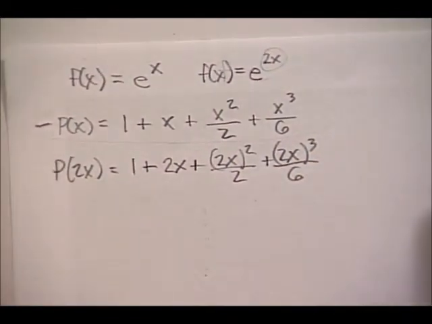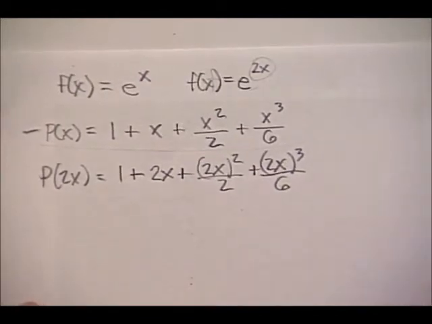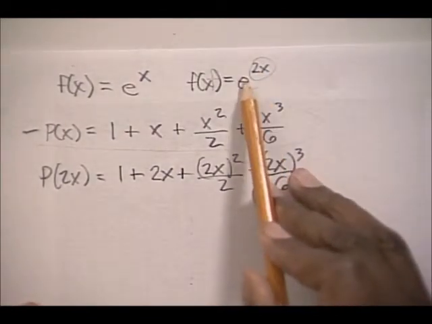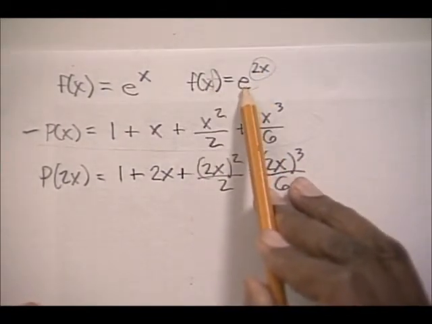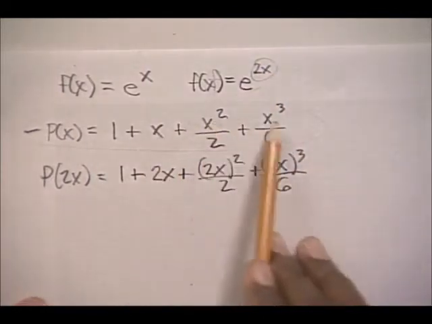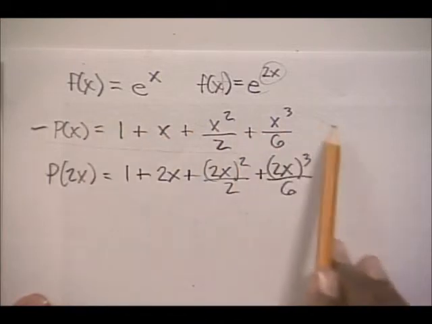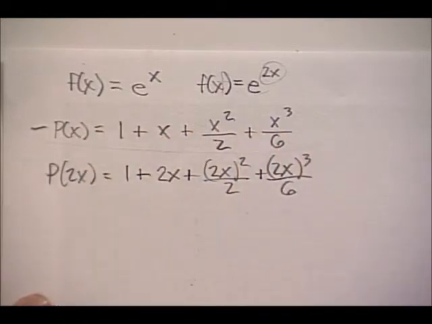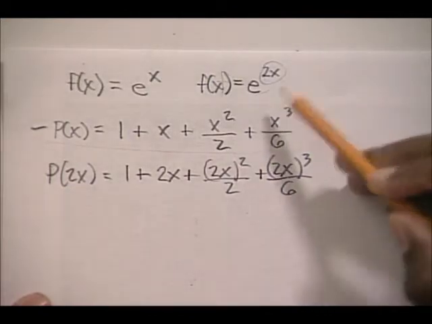So what I'm really trying to say is that to figure out the Taylor series for e to the 2x, you just make a substitution of 2x wherever you have x in the Taylor series for the e to the x function.